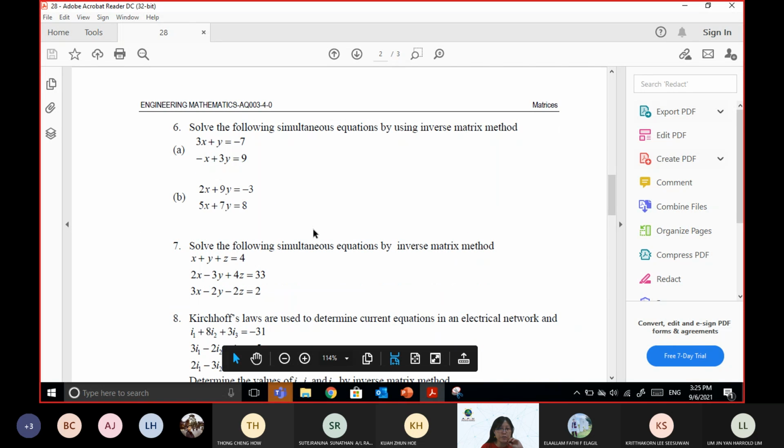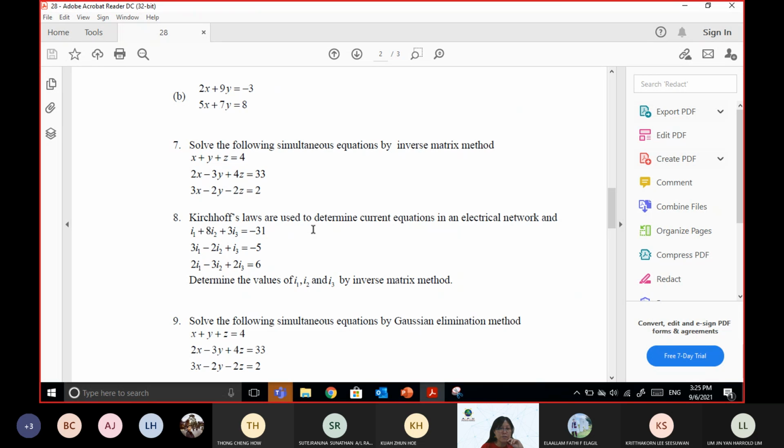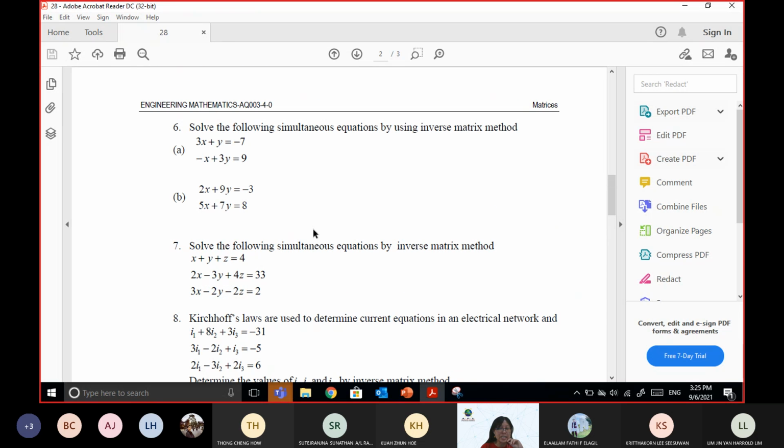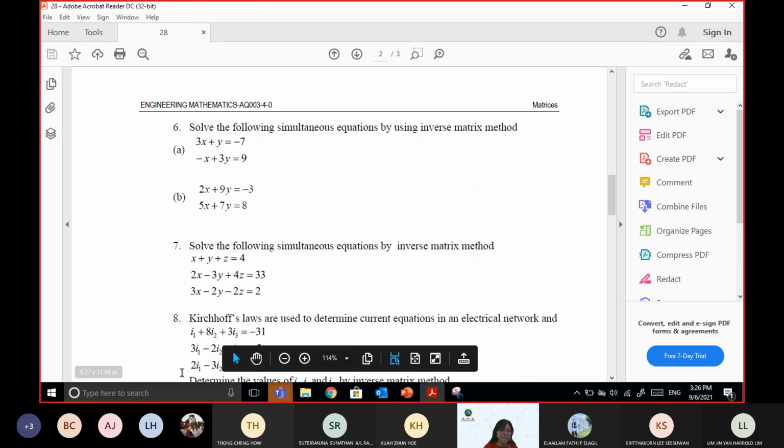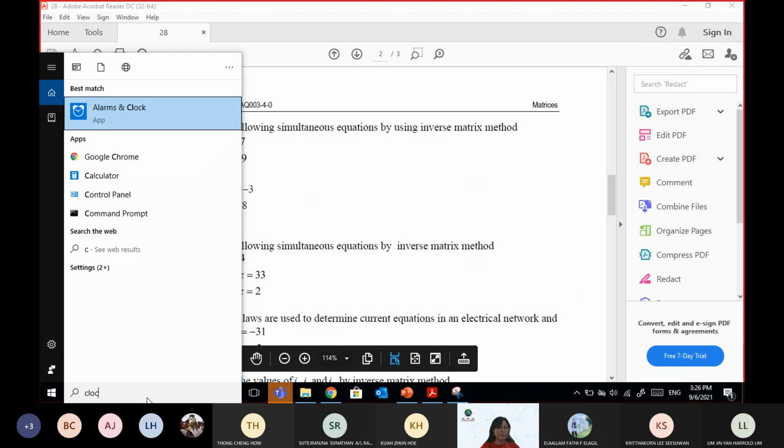Next we will continue with the questions involving solving simultaneous equations. Let me give you a 10 minute break. It's almost 3:30 already; we started at 2:30. So 10 minutes break, then we will come back to solve the simultaneous equations by using the inverse matrix method.